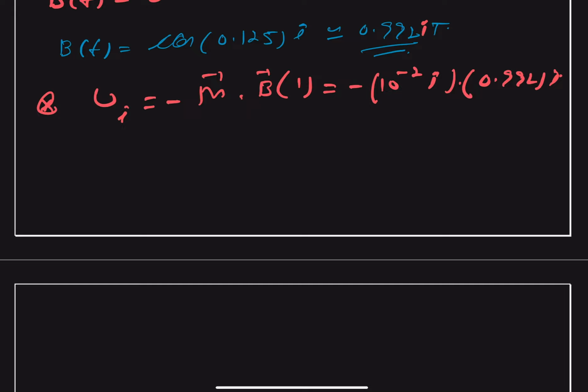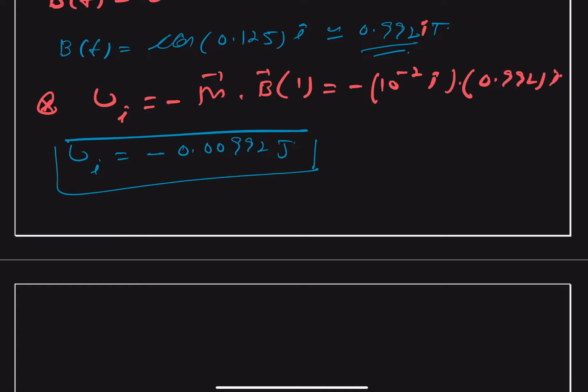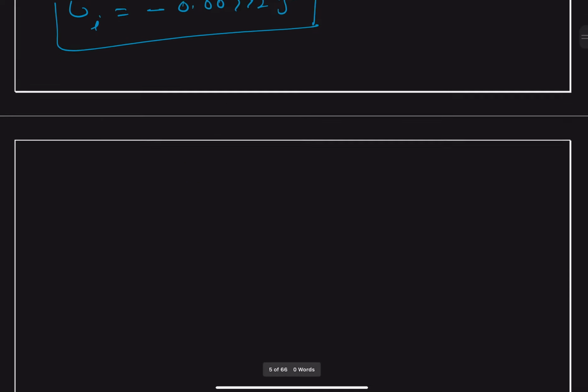So we get our initial energy as approximately equal to minus 0.00992 joules. Now we find out when the magnetic moment is reversed.